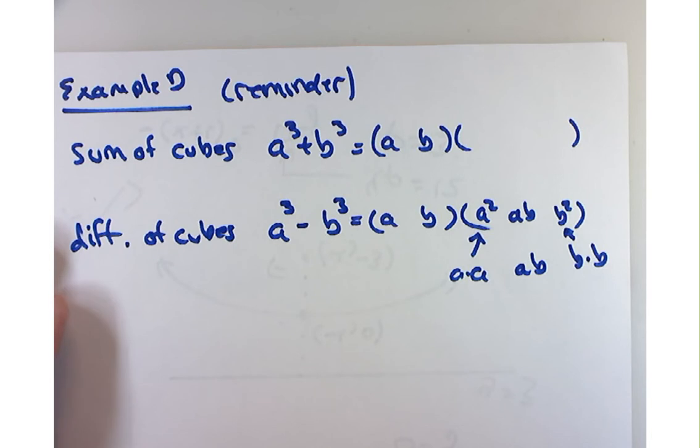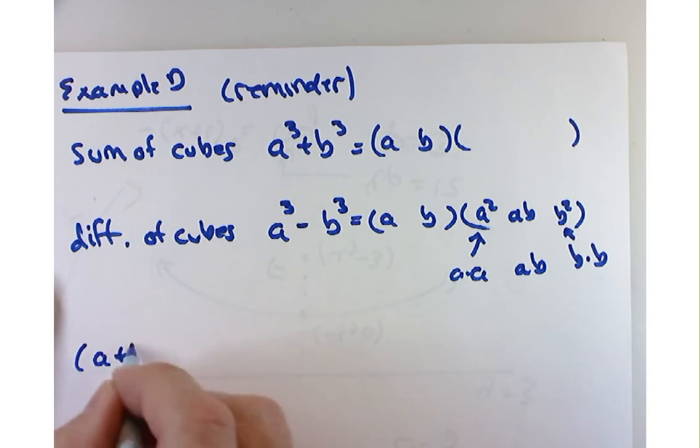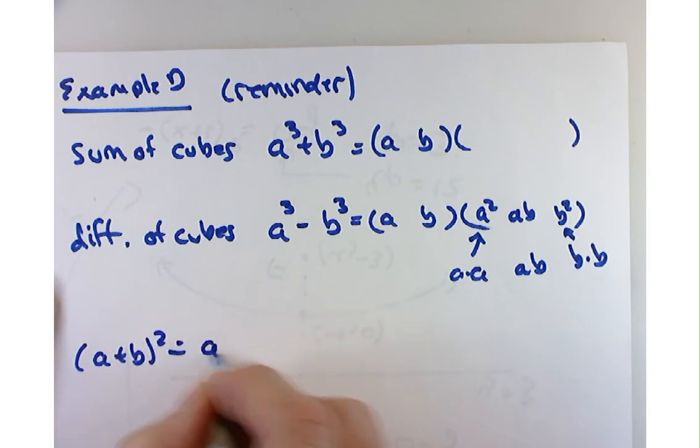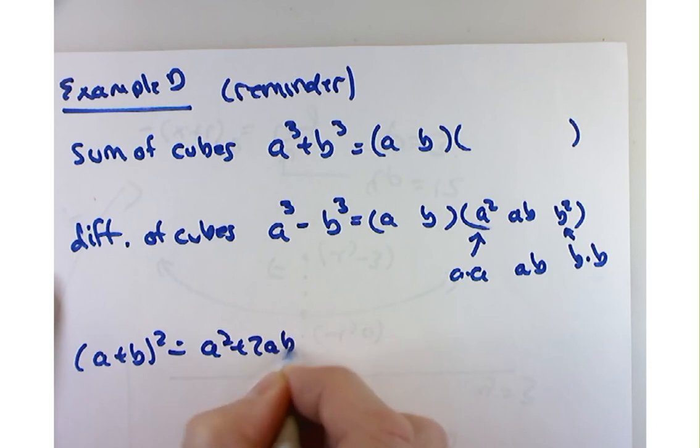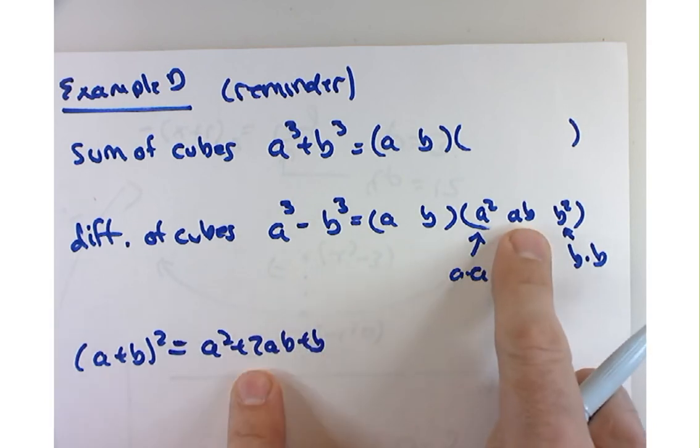What is the 2ab for? 2ab is if you had a squared plus 2ab plus b squared, that would be a plus b quantity squared. So if you're thinking, well, shouldn't there be a 2 there? If I square this out, I get a squared plus 2ab plus b squared. The difference here is I don't have that 2.